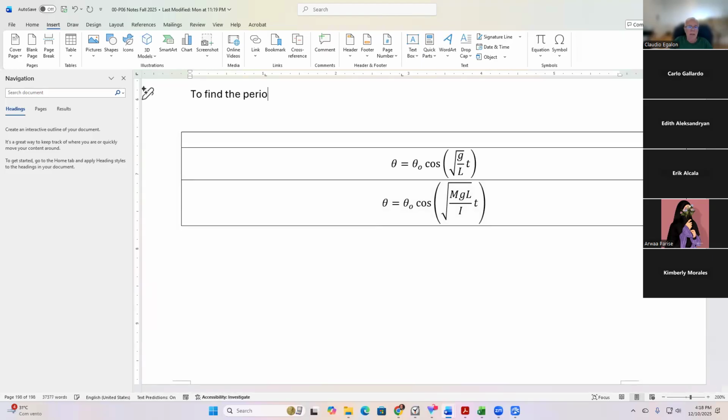To find the period of a wave, we do something similar, with just one additional step.